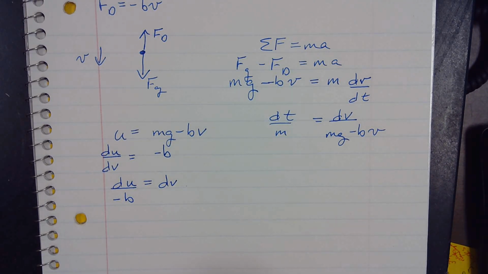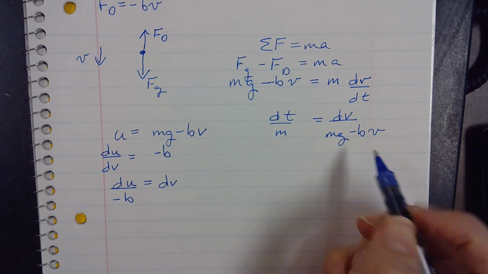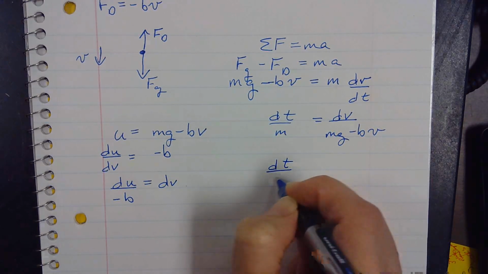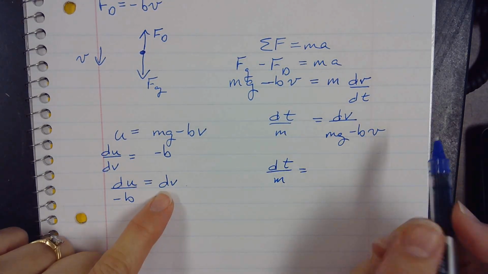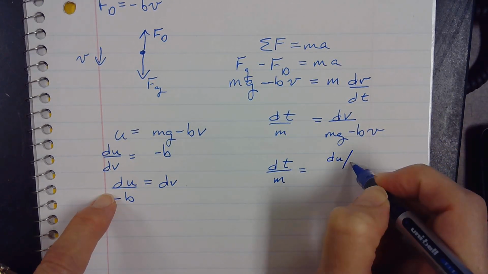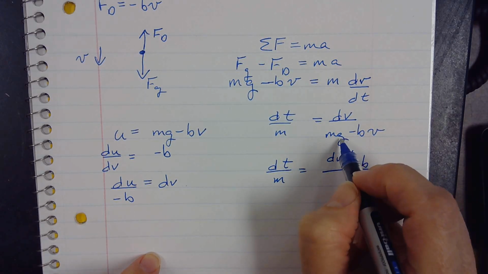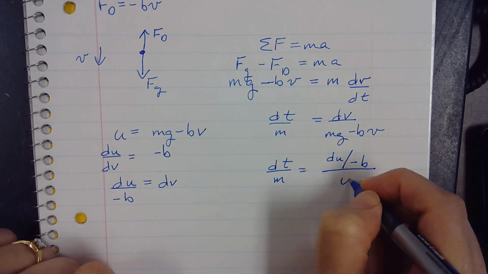And this may not seem like it, but it's actually really helpful. So I'm going to substitute in over here. Left side I'm not doing anything to. Instead of dv, I'm going to write du divided by negative b, all divided by mg minus bv. Well, that's what I defined to be u.